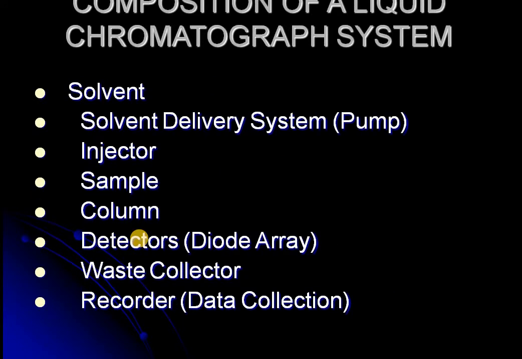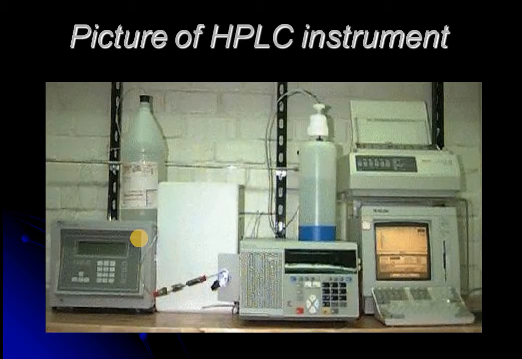Composition of a liquid chromatography system. These are the components: solvent delivery system, pump, injector, sample, column, detector, waste collector and recorder. These are all shown in the diagram also.